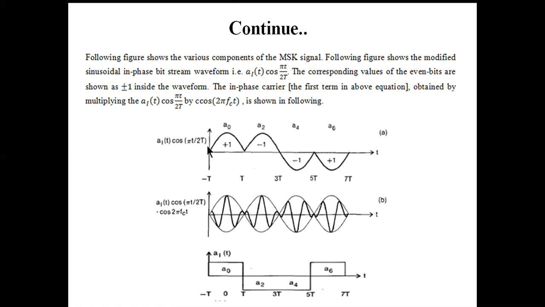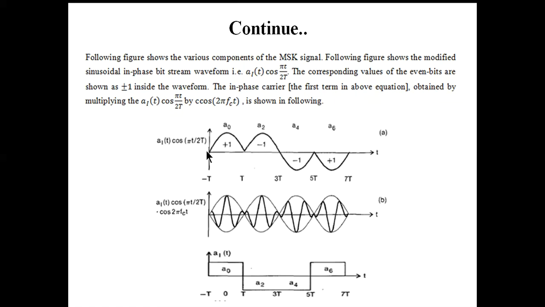Now coming to the next slide. Here you can see this one is the AIT. AIT has started from -T and it continues up to T seconds. If we multiply this rectangular shape, whose value is +1, by cos pi t by 2T, the shape will remain the same.